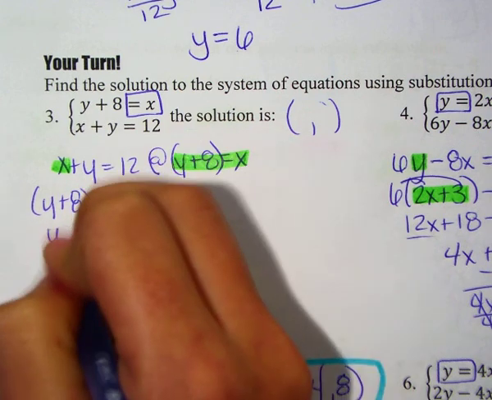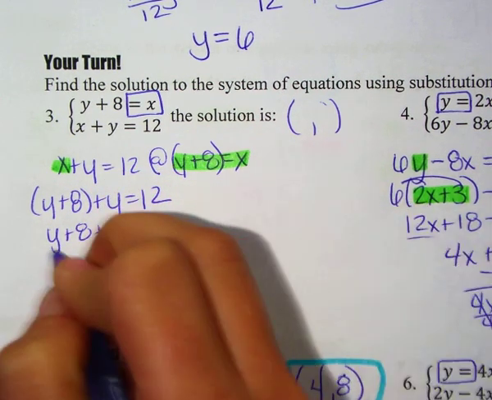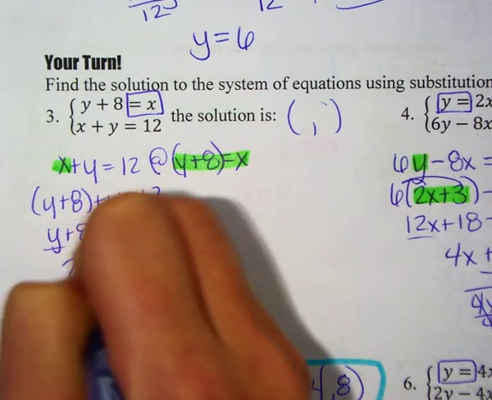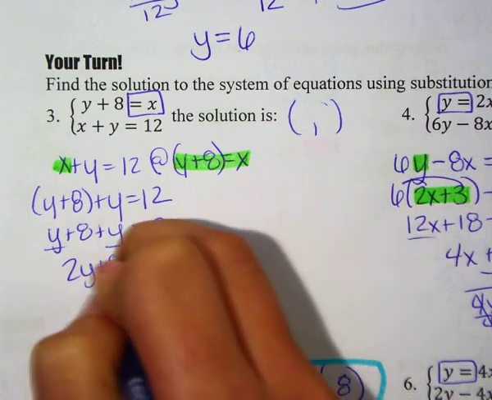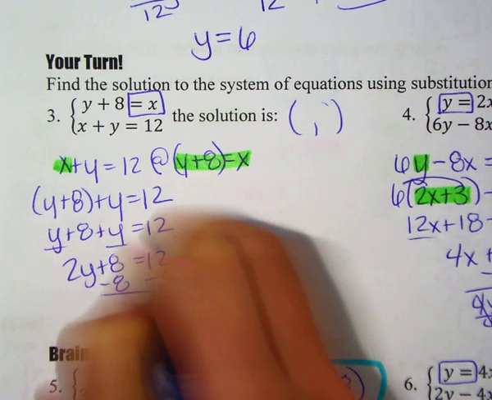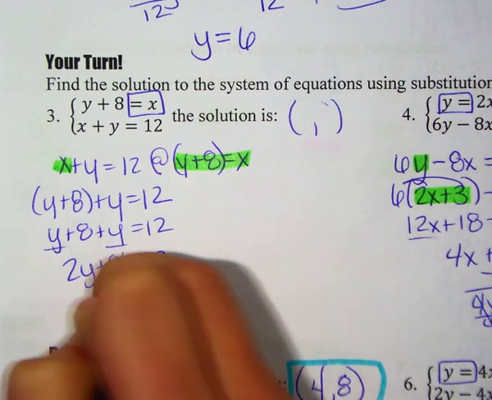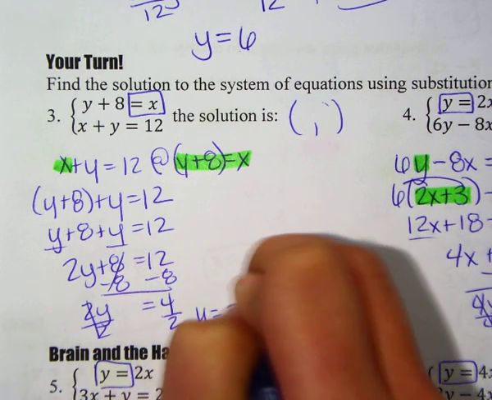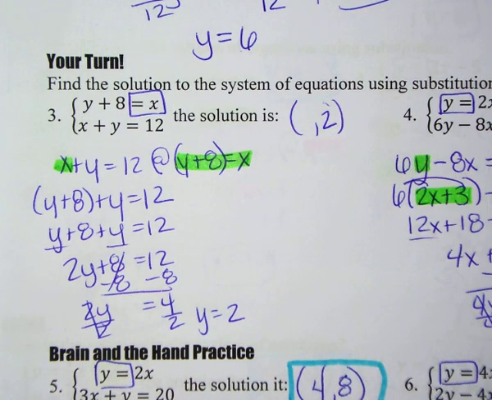The parentheses will drop off. We're going to combine like terms. So there's 1y, another y. So this is 2y plus 8 equals 12. Subtract 8 on both sides in order to isolate y. Divide by 2 on both sides in order to isolate y. You get y to equal 2. Again, this is the y coordinate, so it's going in the y spot.